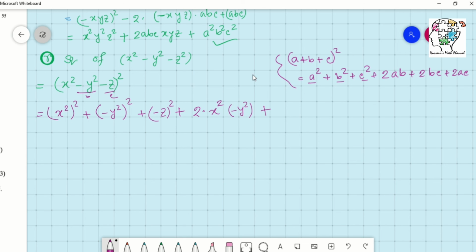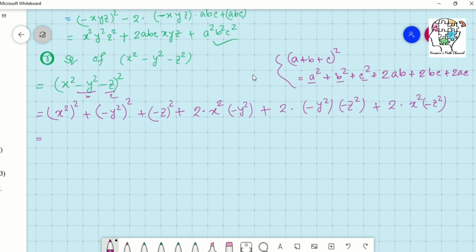Then another plus, then 2, and b means minus y square, and then c means minus z square, and then another plus 2 times a means x square, and c means minus z square.